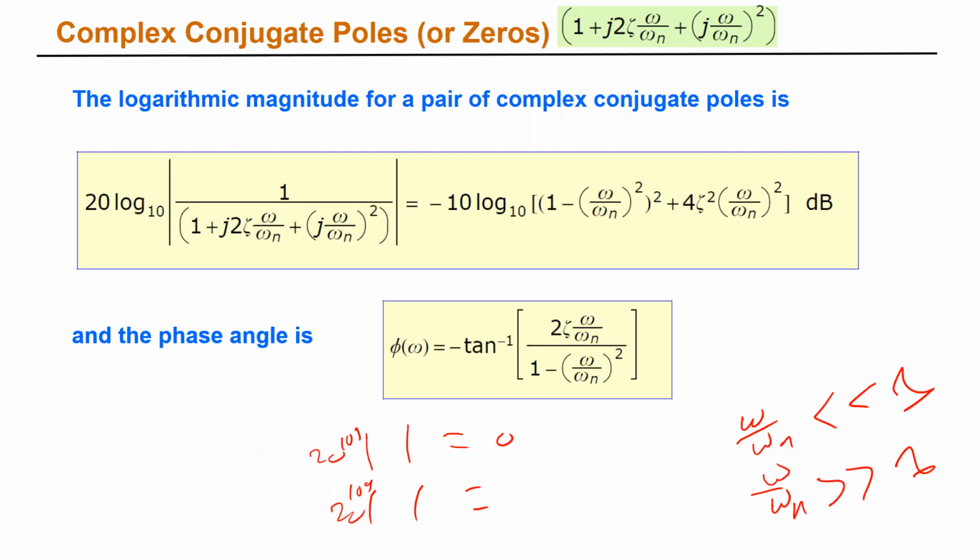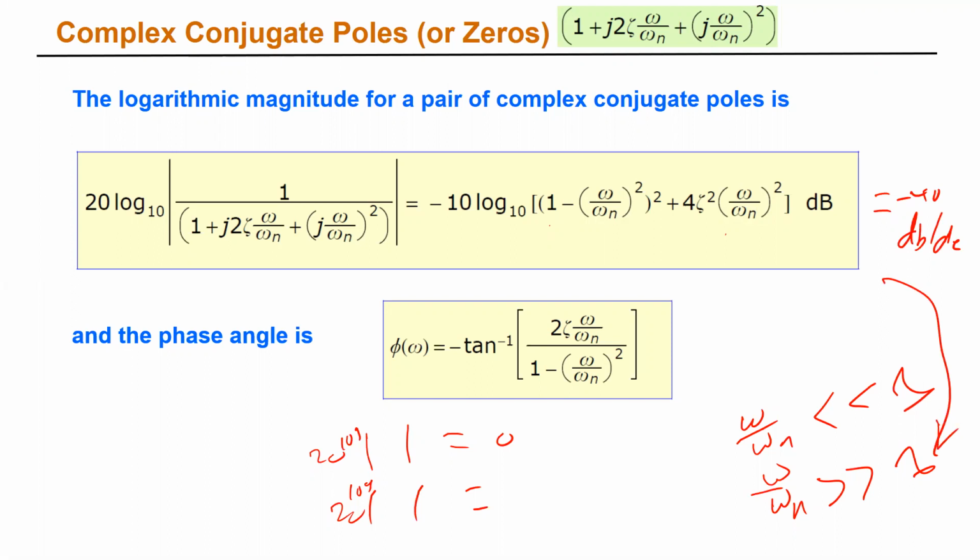Do you agree? The 1 will be dropped. Shabab, if you can give me one minute, I will repeat this next time, inshallah. But basically, this will go, and this will be smaller than this one. So it will be minus 40 dB per decade, if this condition is correct.